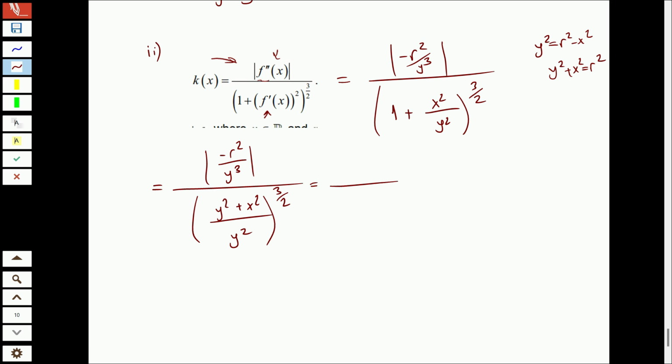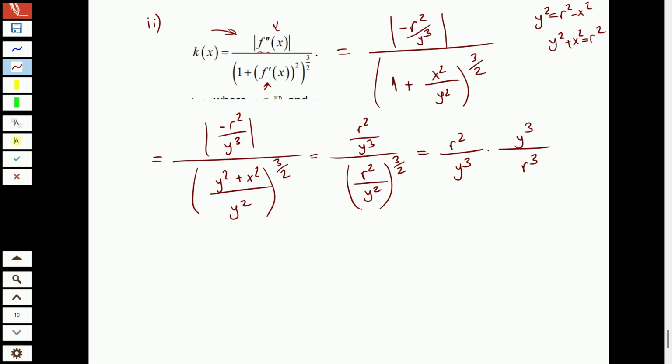If you replace y square plus x square with r square, you will see that you don't need to write this minus or even absolute value, and you will see that r square over y square to the power of 3 over 2, which will give us, I will write directly here, r square over y to the power of 3 divided by r to the power of 3 over y to the power of 3.